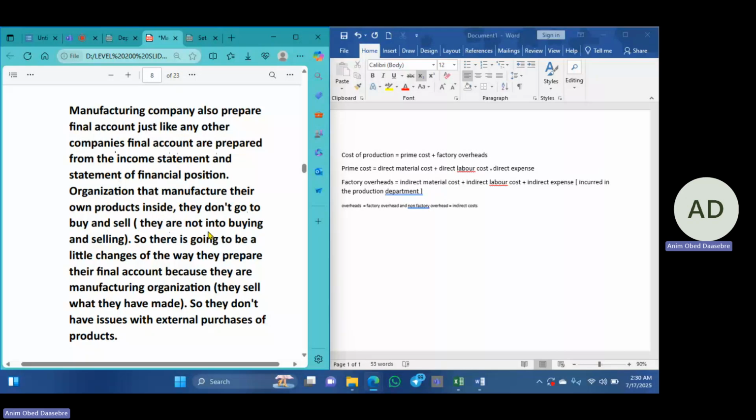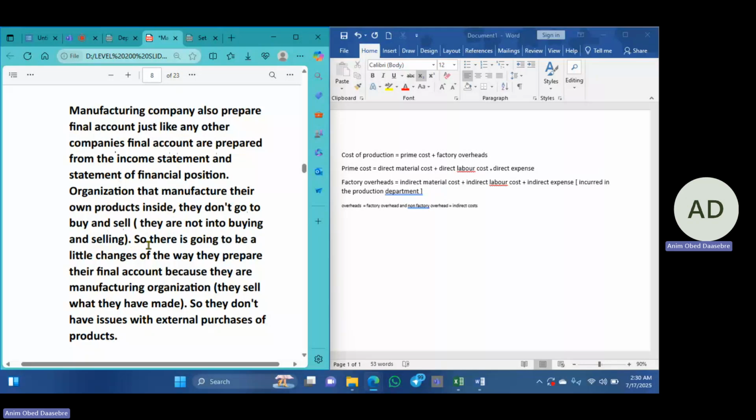They prepare their own products inside the organization.